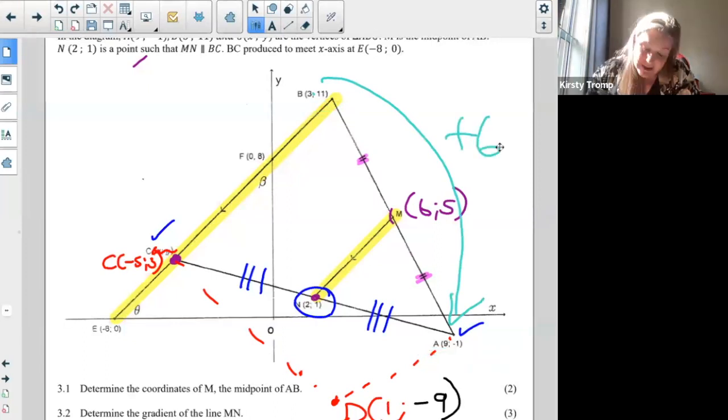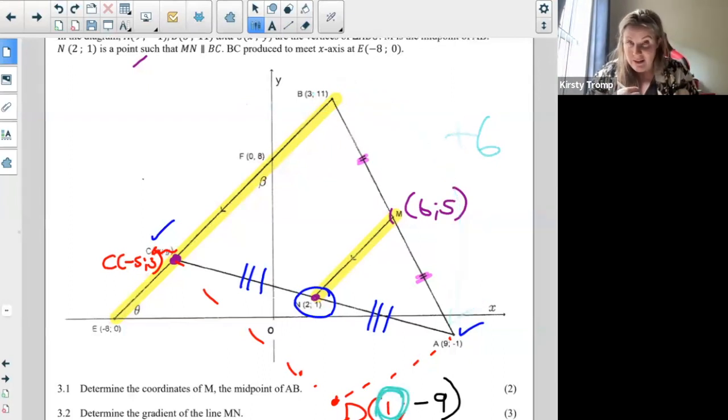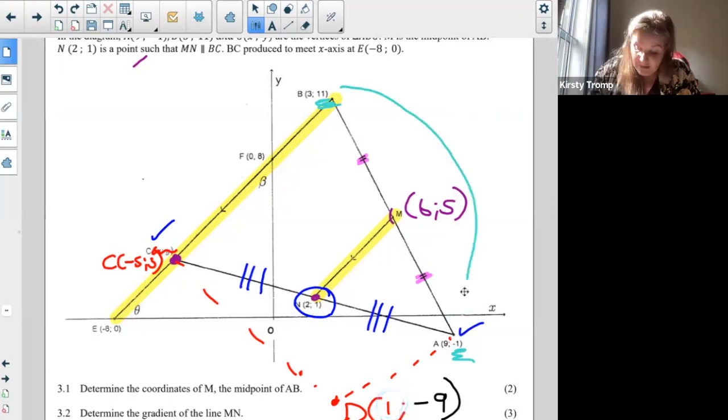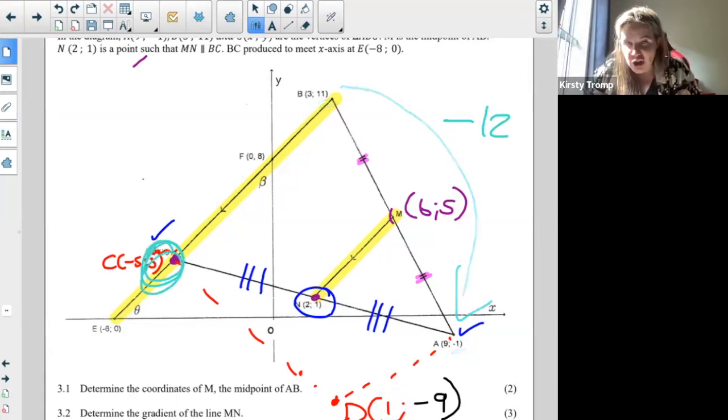So -5 plus 6 gives you 1, guys. What do you do to 11 to get it to -1? You subtract 12. 3 minus 12 gives you, shocker, -9.